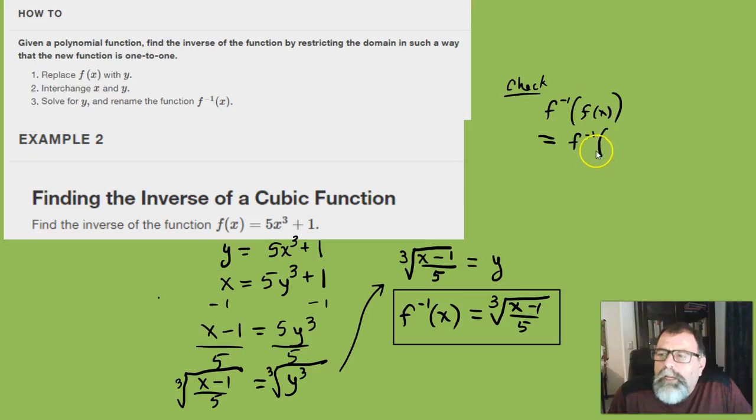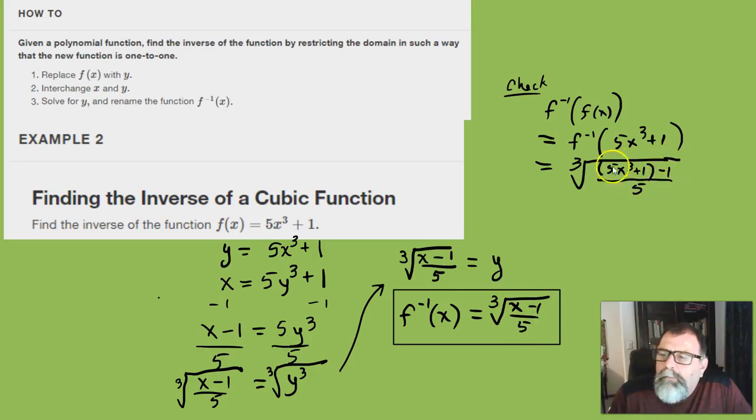Okay, so if I want to check, then I'm going to plug one of the functions into the other one. So f is 5x cubed plus 1. And then I'm going to plug that into my f inverse. Take the x out, put in 5x cubed plus 1 right here. So then it's minus 1 over 5 inside the radical sign.